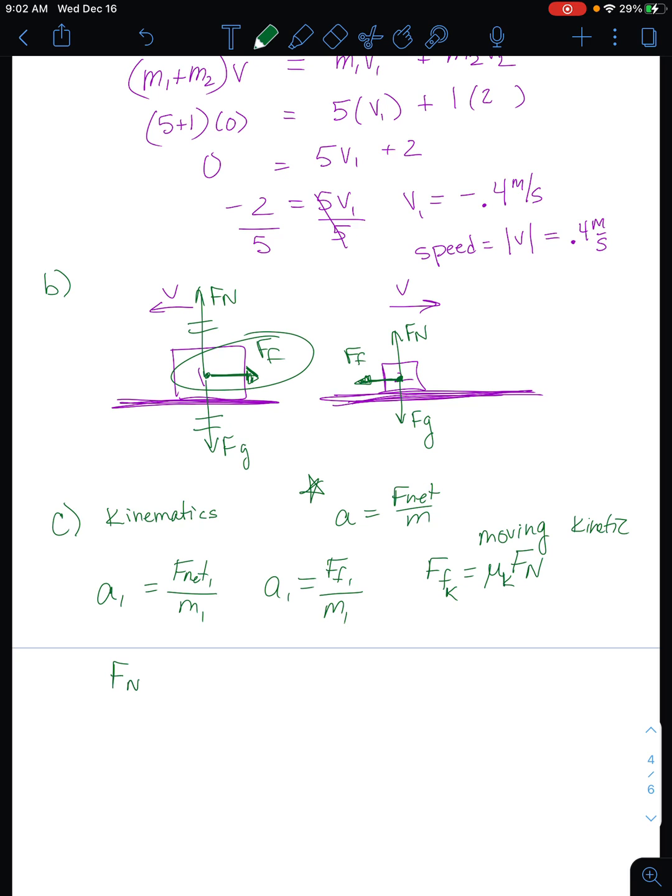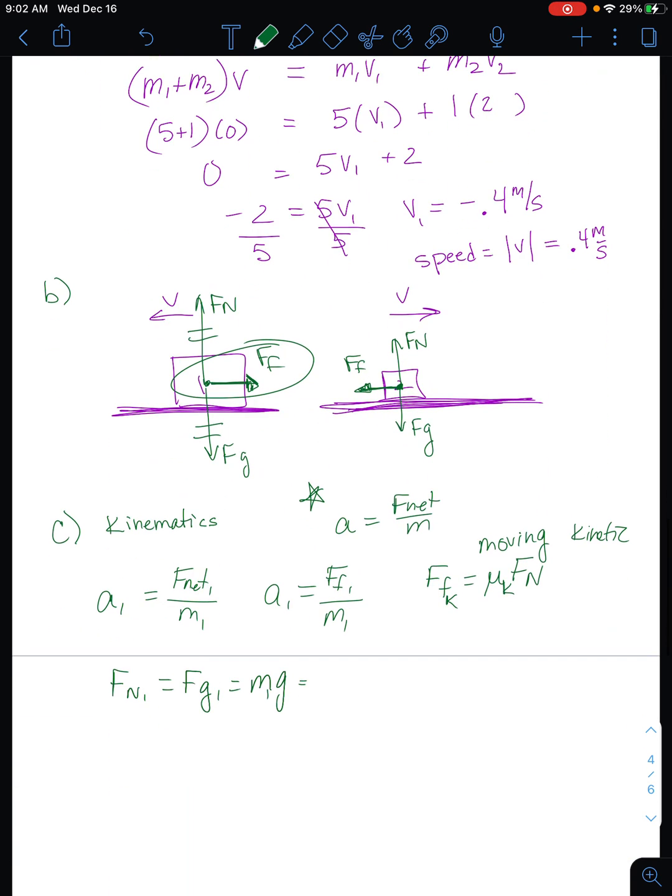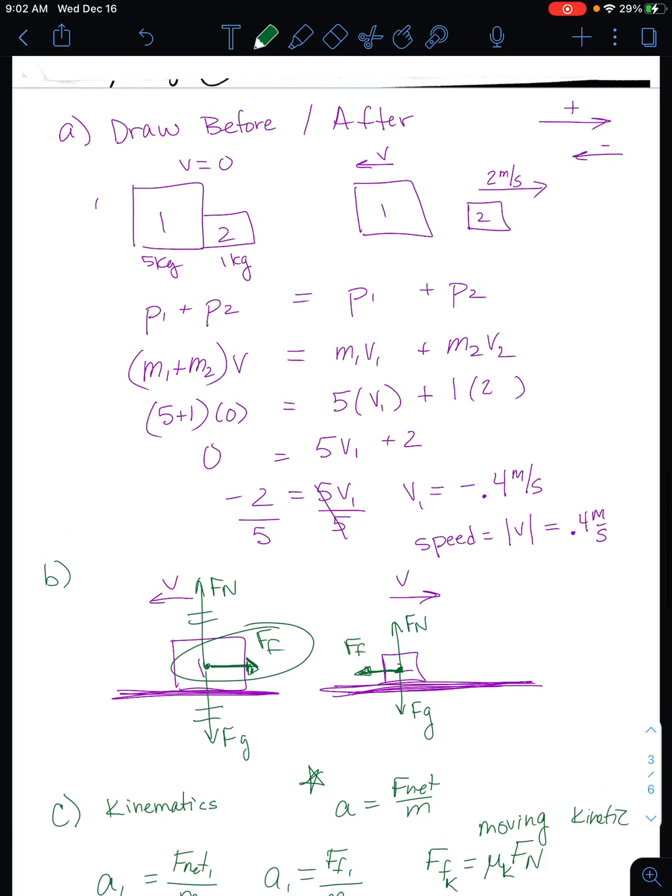So I'm going to say that the normal force of 1 is equal to the force of gravity of 1, which is equal to m1 times g. So m1 had a mass of 5 kilograms. G we're going to use as 10. So both the force of gravity and the normal force are equal to 50 newtons. And we did that so we could find the force of friction.